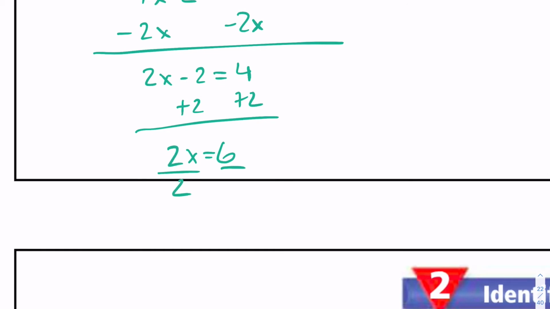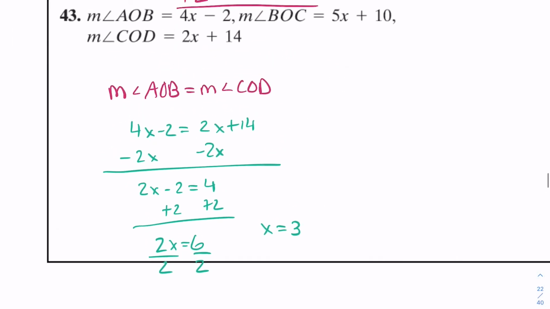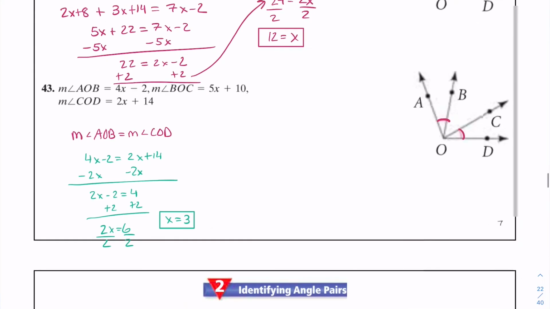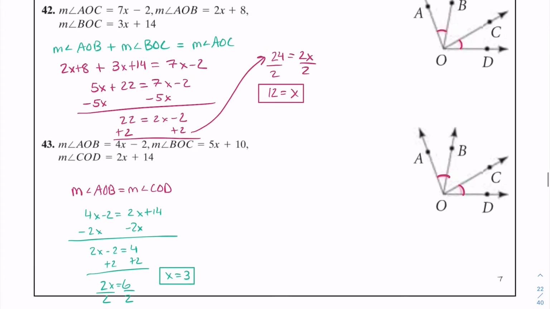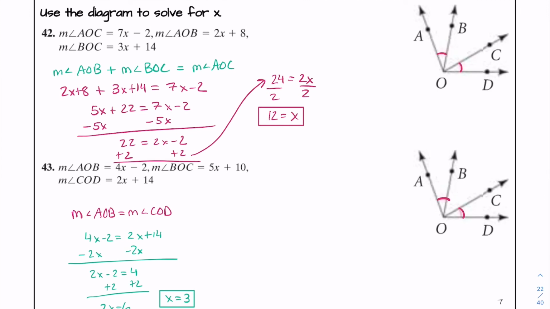Divided by 2. X equals 3. All right. So again, you won't get X being the same thing because these are just unique problems.